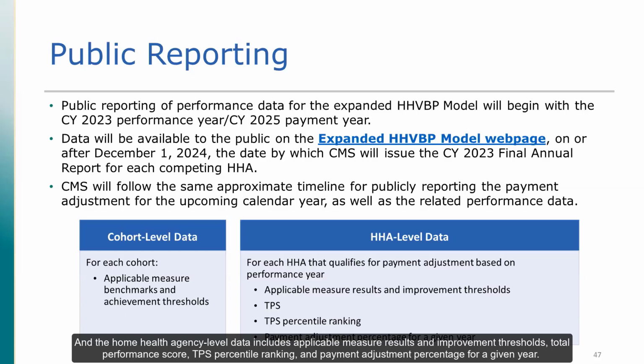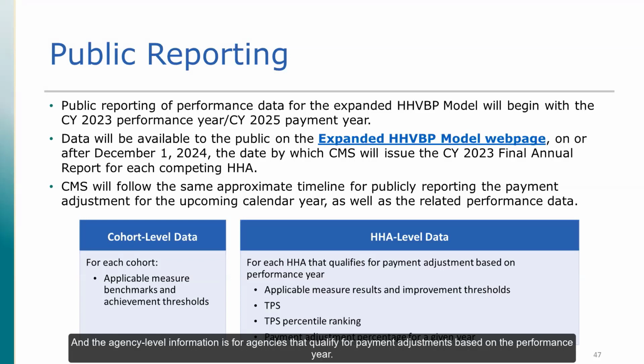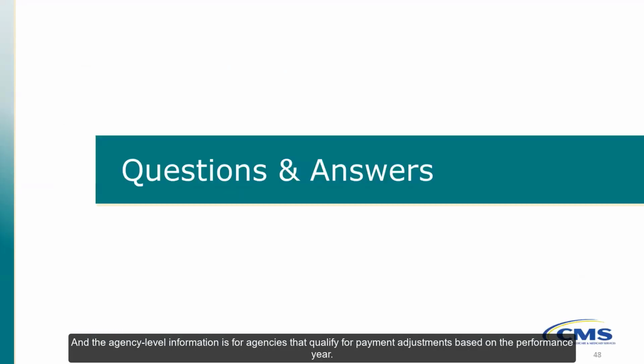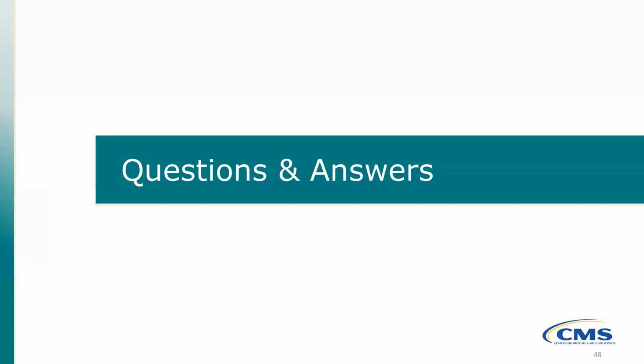And the home health agency level data includes applicable measure results and improvement thresholds, total performance score, TPS percentile ranking, and payment adjustment percentage for a given year. And the agency level information is for agencies that qualify for payment adjustment based on the performance year.